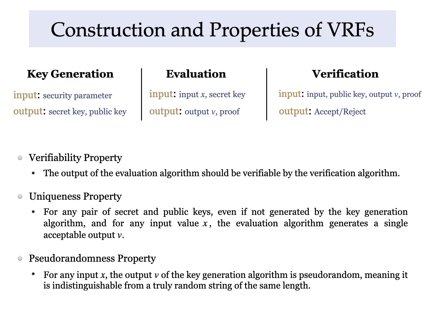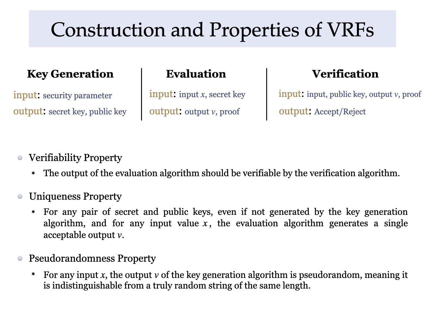So without the secret key, nobody can calculate the output. You need to have the secret key to be able to calculate the output and the proof. So for any input x and secret key, one can calculate the output and proof. And then in verification, using the input, output v, proof, and public key, one can verify whether the output is calculated correctly or not for a given public key.